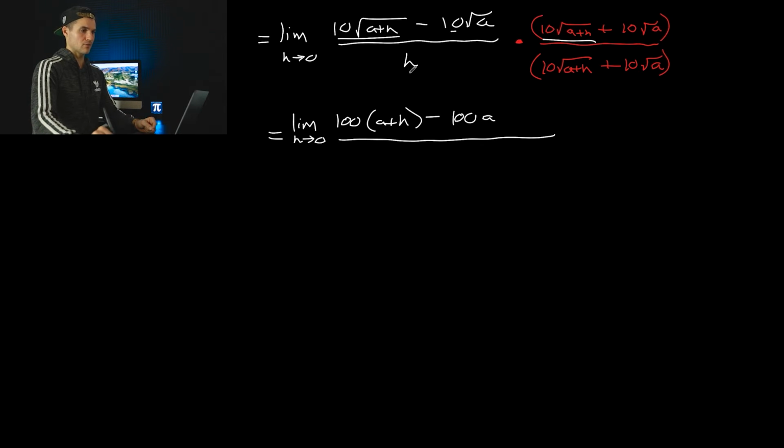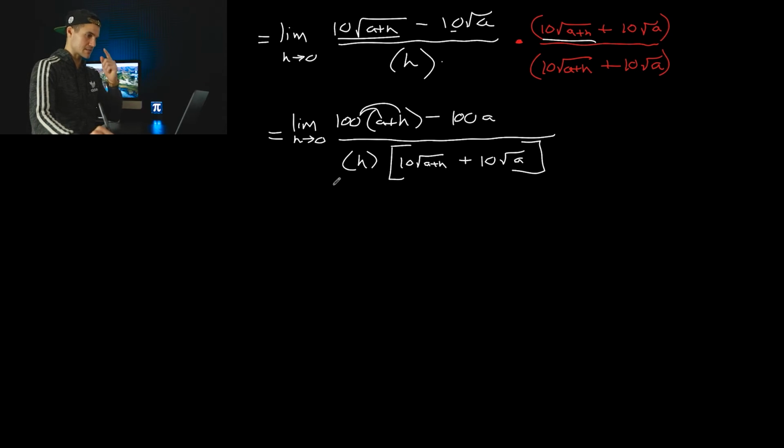All over. Now the denominator, I'm going to keep these two expressions separated, right? So this would be 10 root a plus h plus 10 root a, like that. And then let's simplify this. We're trying to get rid of this h in the denominator, right? So let's simplify this. Notice that when I distribute the 100 inside this bracket, the 100 a's will cancel out.